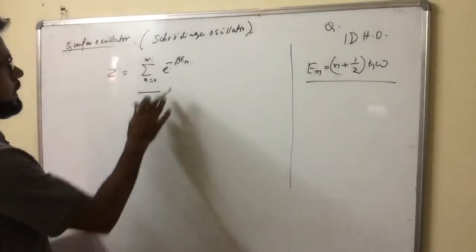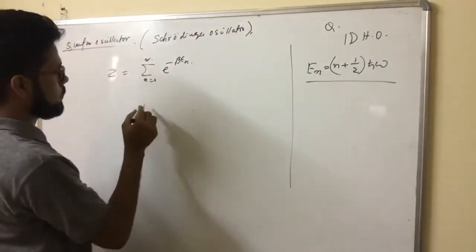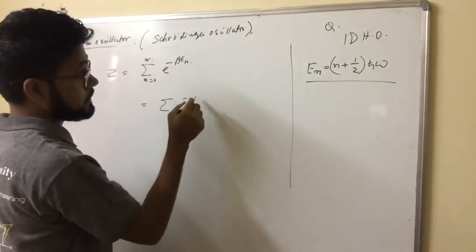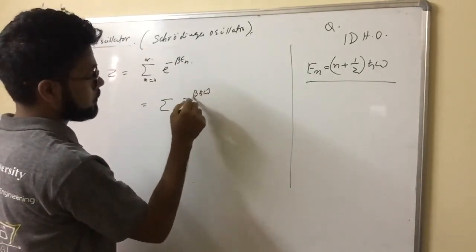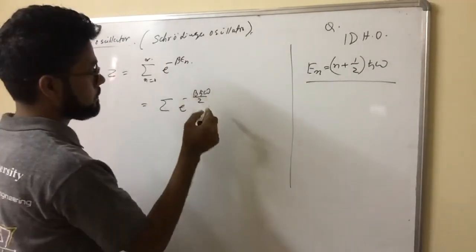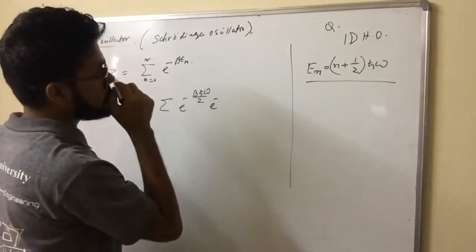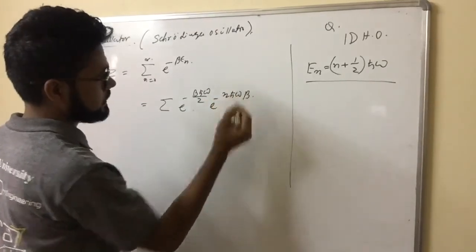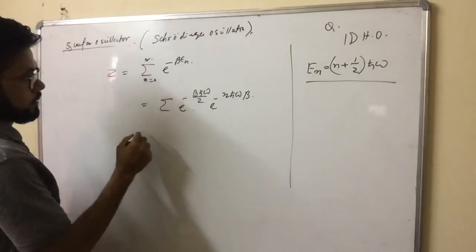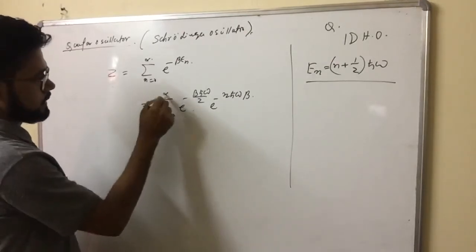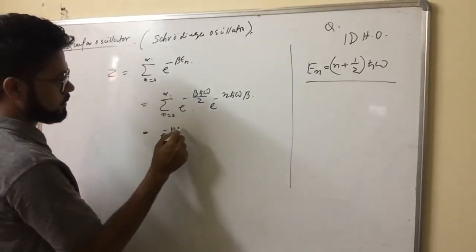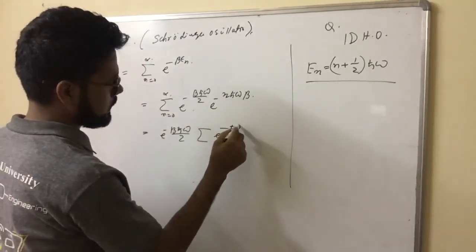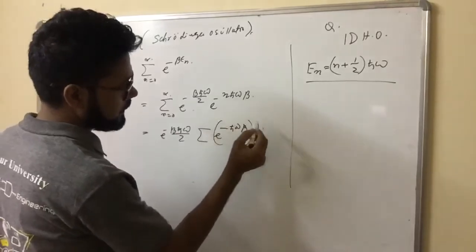So if I put this value, what will I get? e to the power minus beta h cos omega by 2 is the first term, right? The second term is e to the power minus n beta h cos omega, right? This is a constant, n equal to 0 to infinity. So e to the power minus beta h cos omega by 2 times the sum of e to the power minus beta h cos omega to the power n. Is it okay?